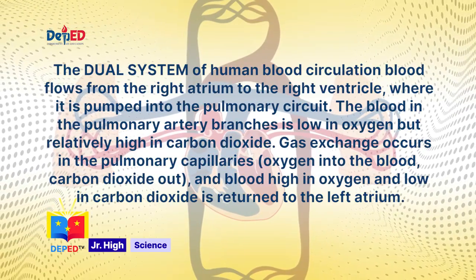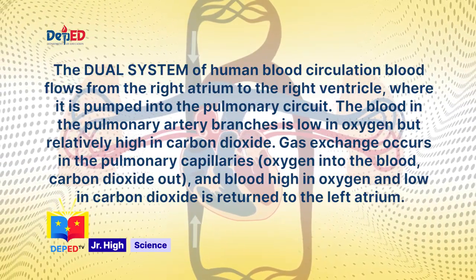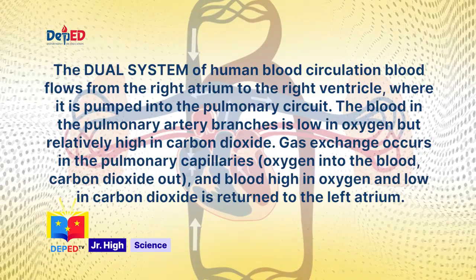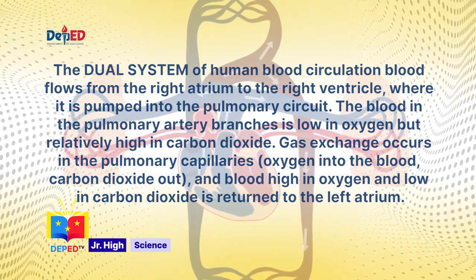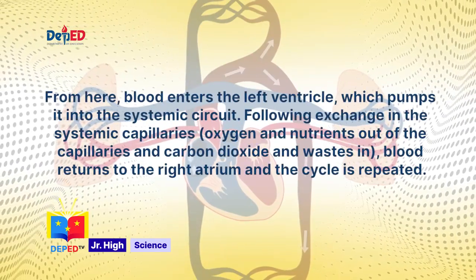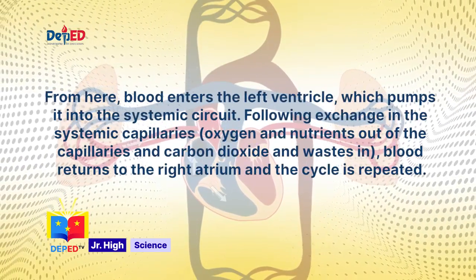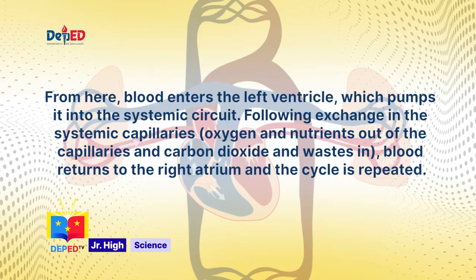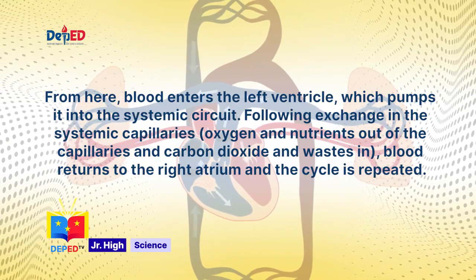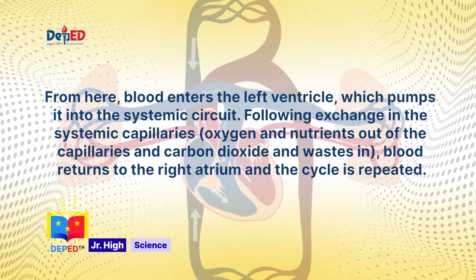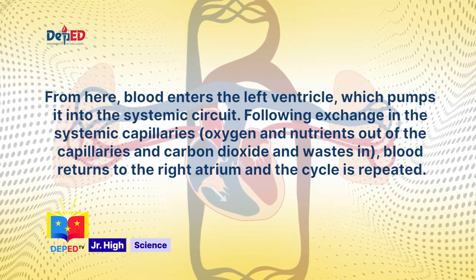Gas exchange occurs in the pulmonary capillaries, and blood high in oxygen and low in carbon dioxide is returned to the left atrium. From here, blood enters the left ventricle, which pumps it into the systemic circuit. Following exchange in the systemic capillaries, blood returns to the right atrium and the cycle is repeated.